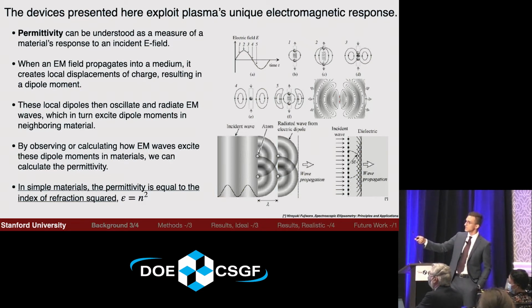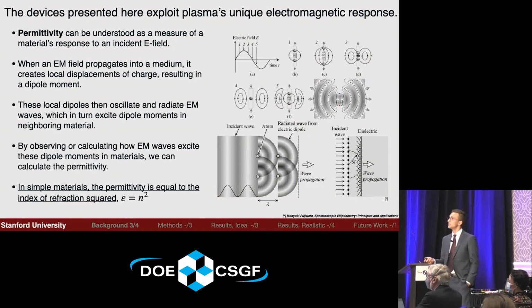Those dipoles begin to oscillate, and then they radiate EM waves, which in turn excite the dipoles next to them, and you end up with plane waves traveling through your medium. By observing or calculating how your EM waves are exciting these dipole moments in materials, you can calculate the permittivity, and in simple materials, it's very recognizable. It's just equal to the index of refraction squared. So just keep that in mind.